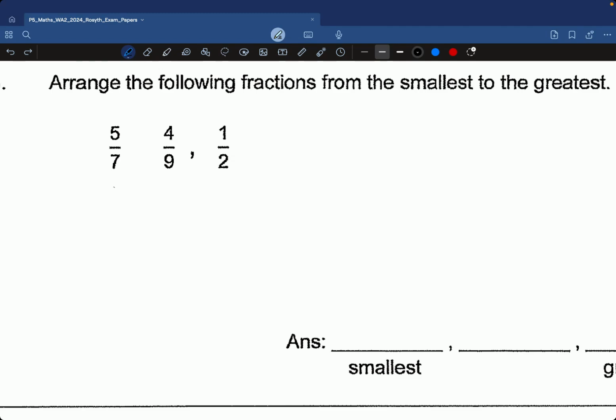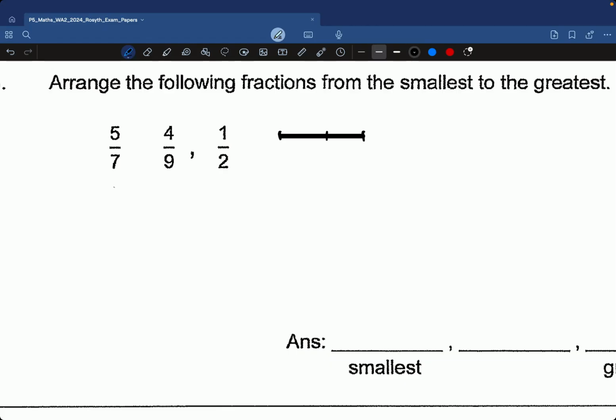First, we know half is just a middle point between two numbers. So this is 0, this is 1, and this is 2. So 1/2 looks something like this. Half is in the middle point. Now 4 over 9.